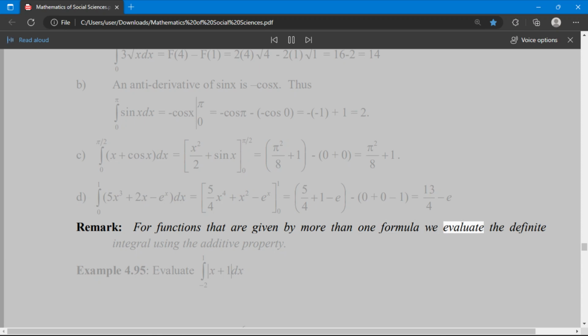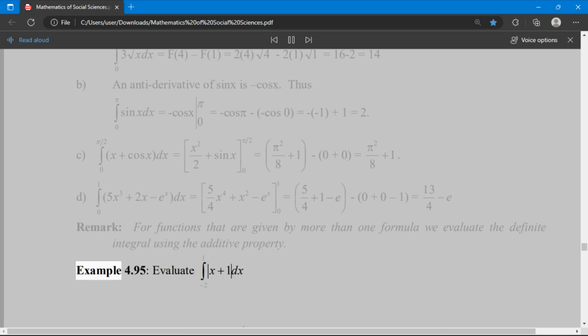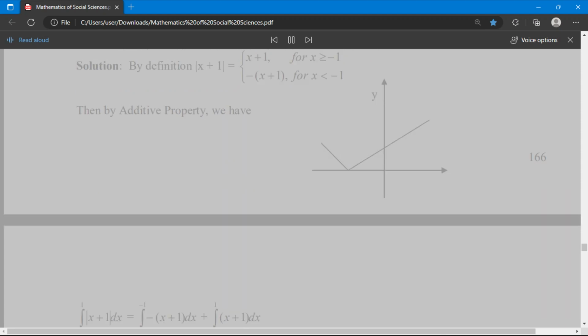Remark: for functions that are given by more than one formula, we evaluate the definite integral using the additive property. Example 4.95. Evaluate ∫₋₁² |x + 1| dx.